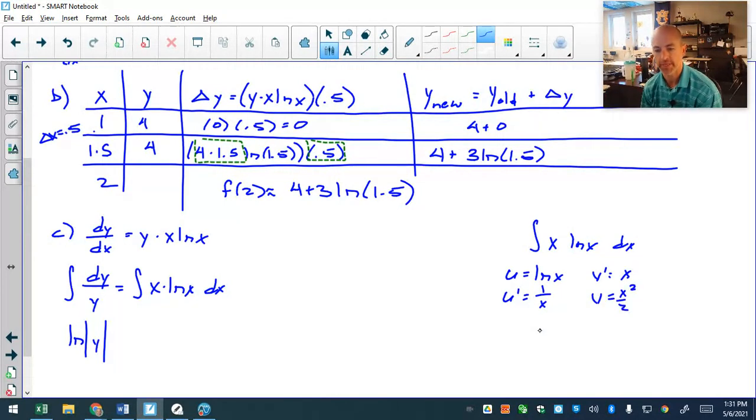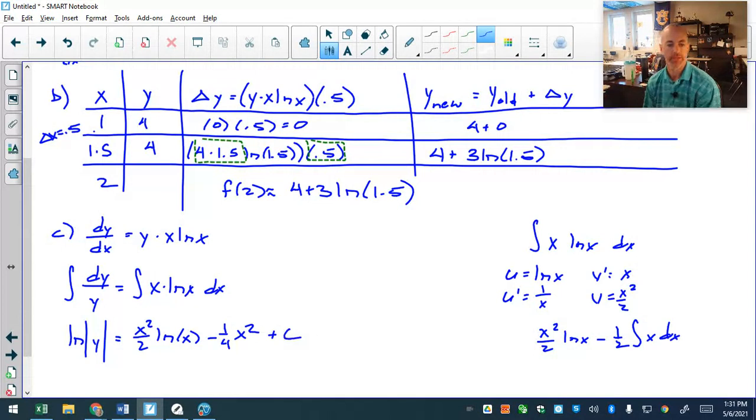And so that gives me x squared over 2 natural log of x minus 1/2 the antiderivative of x. Finally, over here, x squared over 2 natural log of x minus 1/4 of x squared when you integrate that, plus c.